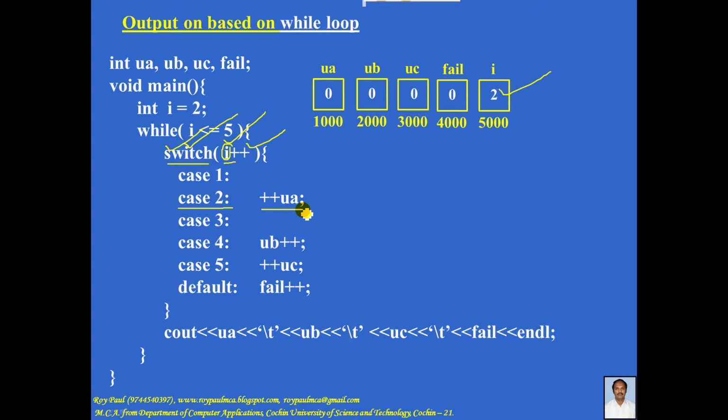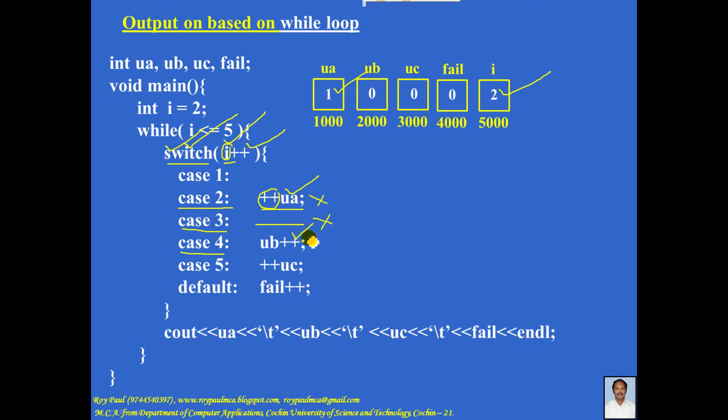Plus plus UA. Here there is only one operator, so no need to apply any precedence rule. Simply execute this: plus plus 0, it becomes 1. There is no break statement, so control goes to next case. Here there is no statement, even the break statement is not there, so control goes to next case.